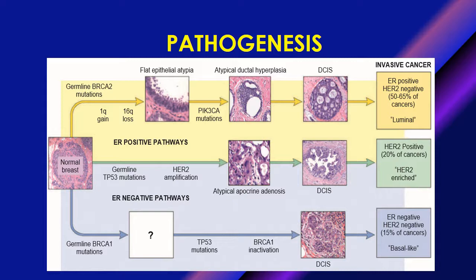The third is environmental factor. Environmental influence is suggested by the variable incidence of breast cancer in genetically homogeneous groups, for example, Japanese women living in Japan and in the United States.